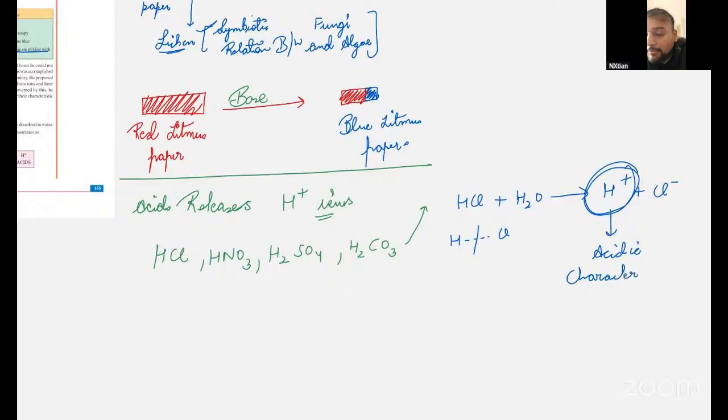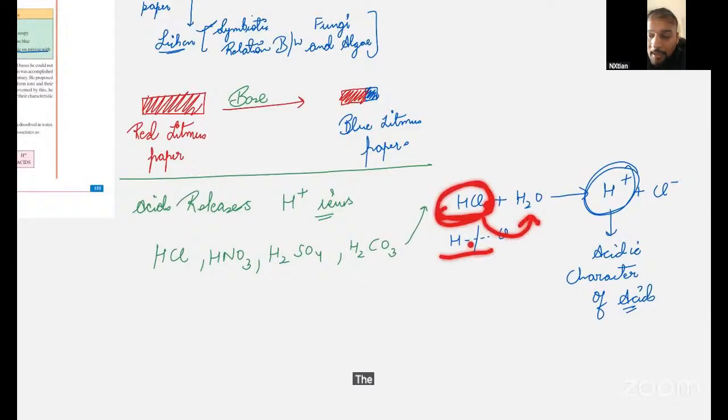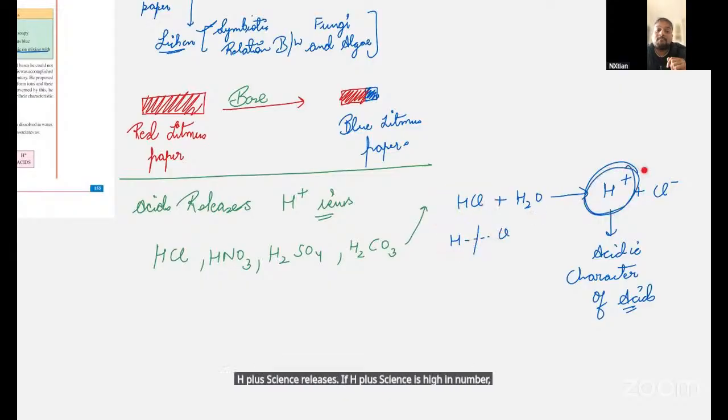Everyone please pay attention. When water is added to HCl, the H and Cl bond breaks and H plus ions are released. If H plus ions are high in number, it is more acidic. If H plus ions are less in number, it is less acidic.